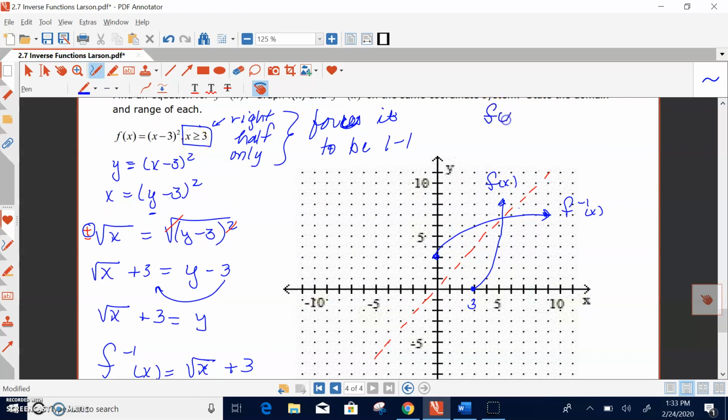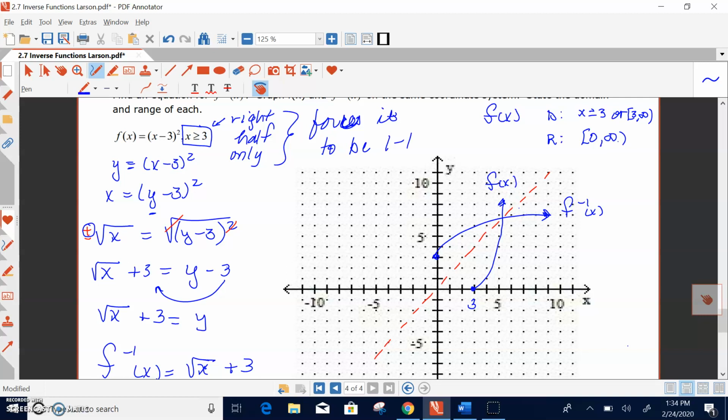So for f of x, the domain is x greater than or equal to 3. Or you could say it is 3 to infinity. The range for f of x, if I look at that half of a parabola, going from bottom to top, is going to be 0 to infinity.